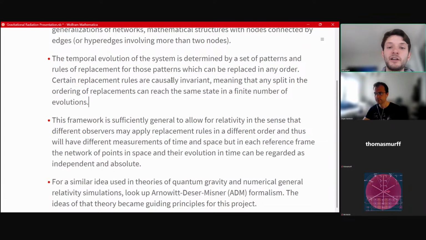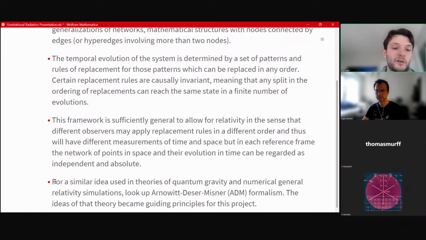But if there is causal invariance, it's relative in a self-consistent sense. And so in each reference frame, we expect that the evolution of the graph and the points in the space are independent and absolute.